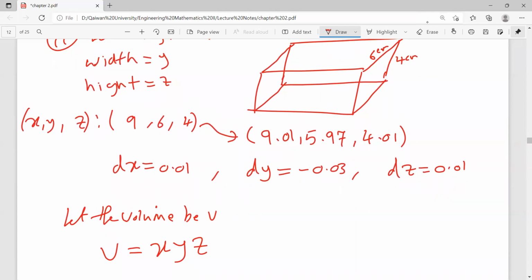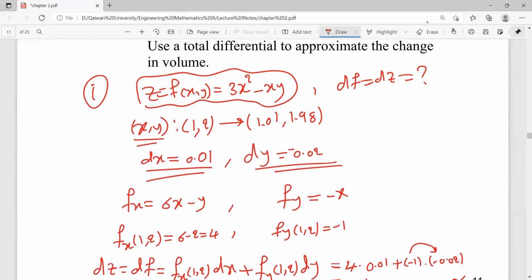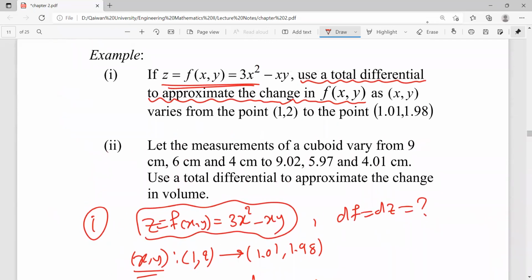In the example, we are given a cuboid whose measurements are changing from 9, 6, and 4 to 9.02, 5.97, and 4.01 respectively. We should find the approximate change in the volume by using the total differential.